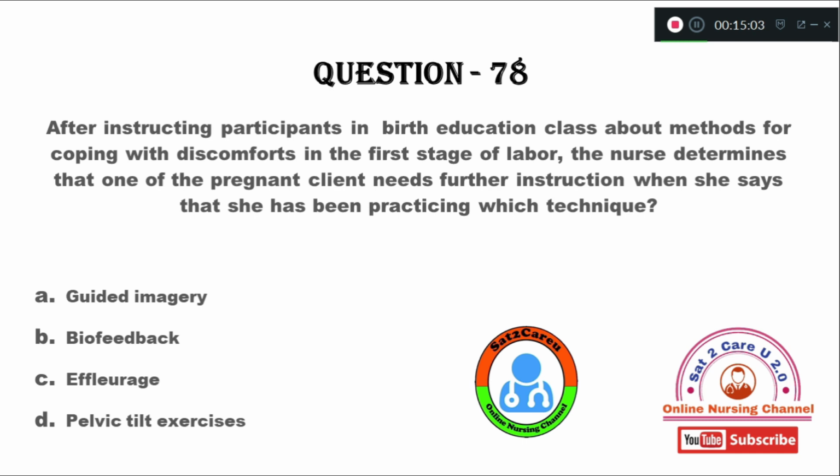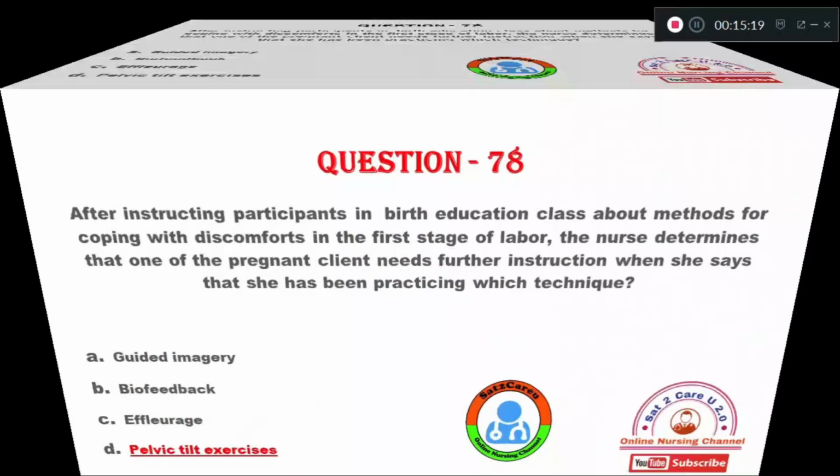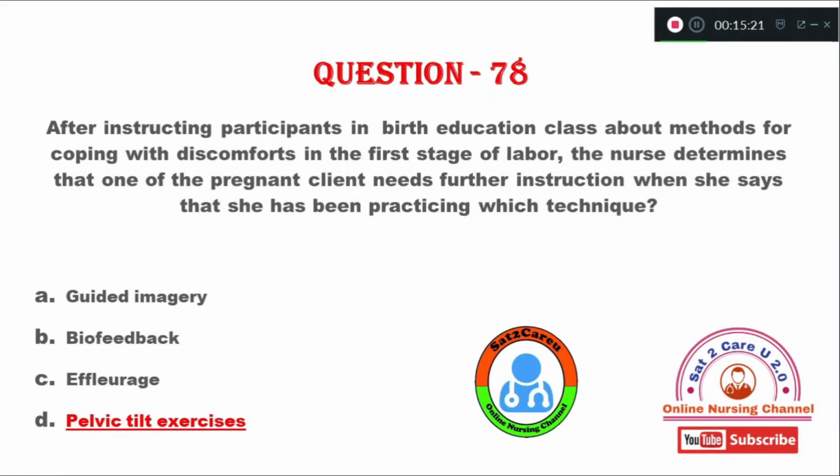C, effleurage. Option D, pelvic tilt exercise. So during the first stage of labor, if the client is performing the pelvic tilt exercise, that indicates she needs more education regarding handling the pregnancy safely.